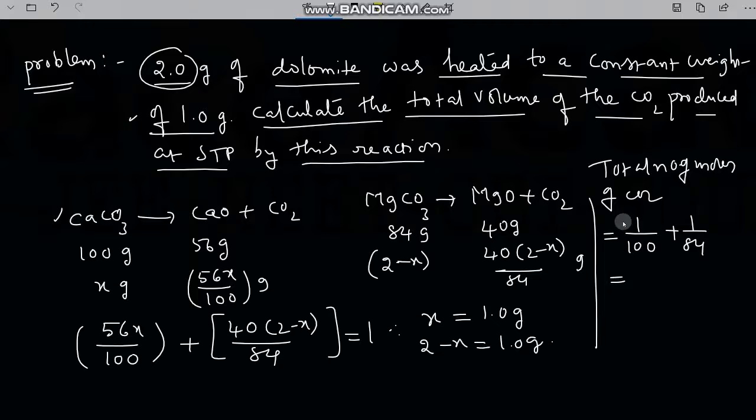So this is the mass by molar mass: 1 by 100 plus 1 by 84. Upon simplification, we got 0.022 as the number of moles of carbon dioxide.